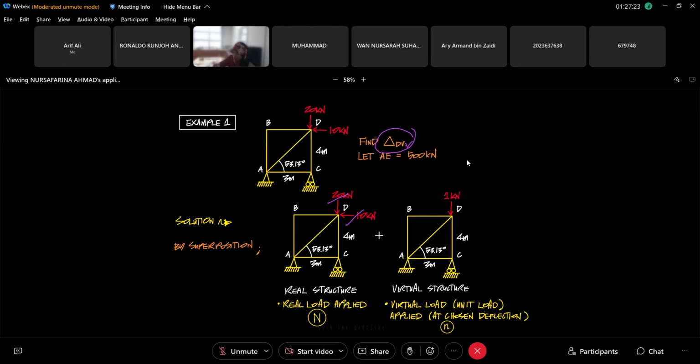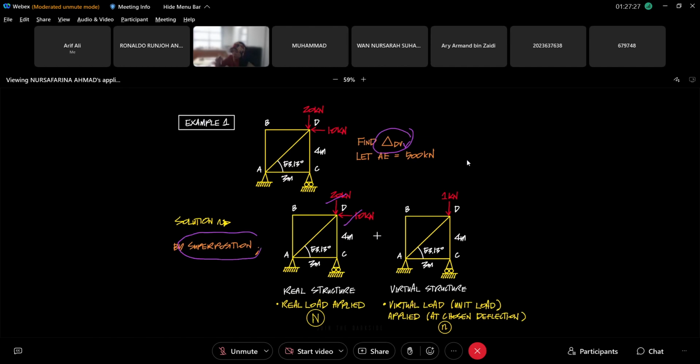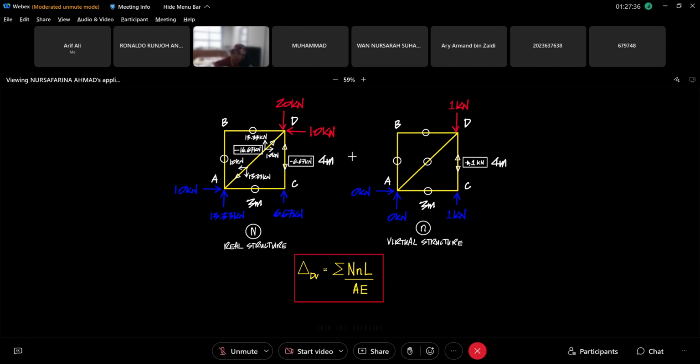So how do we solve? If we check here, how do we solve? We solve by superposition. This is what it's called, superposition. We need to find N in the real structure.